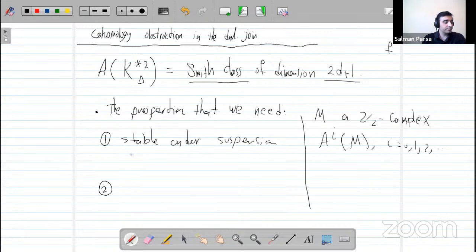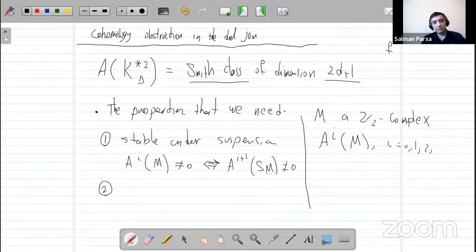By this, I mean that A_i of M is not zero if and only if the class of S of M is not zero, where S of M is the suspension of M, and I can move one dimension higher. I want to use suspension for going into even dimensions, essentially.